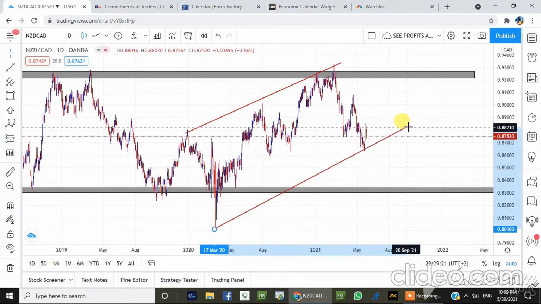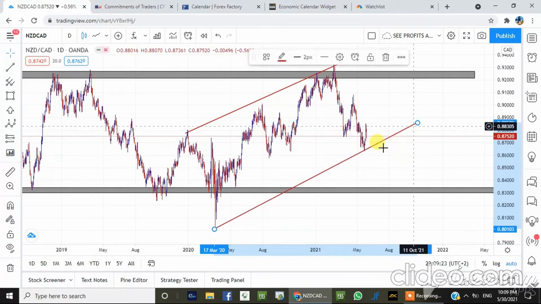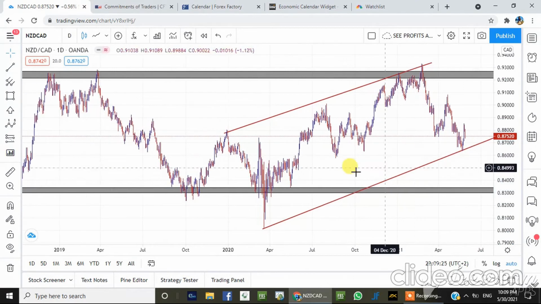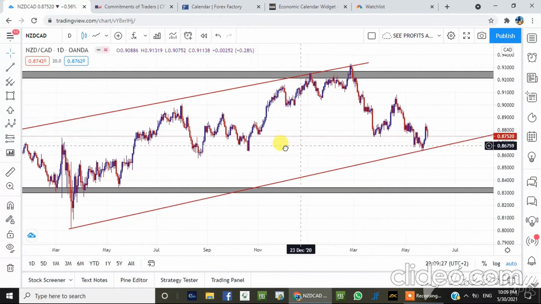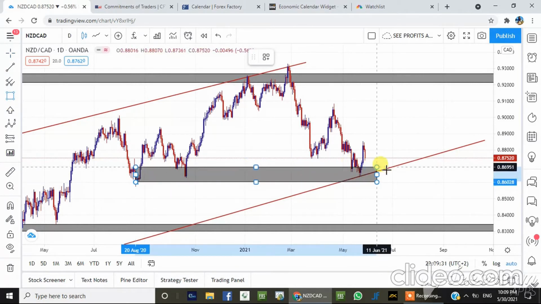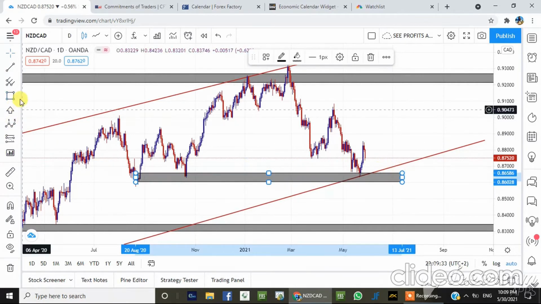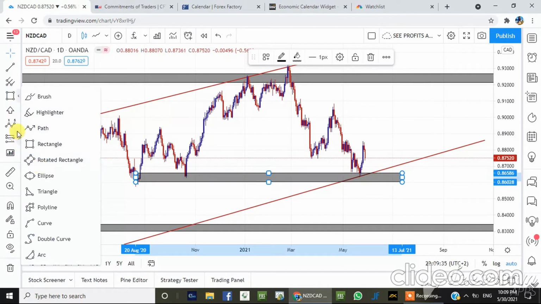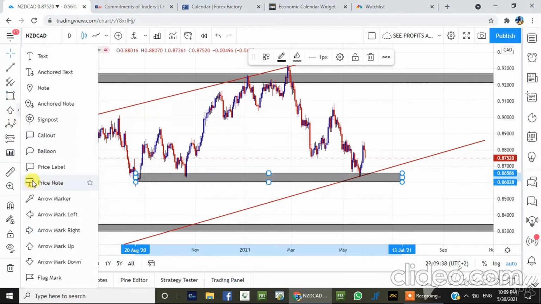Let me cater for the touch. Trend line in support. You can see that we are on a small buy trend on the daily time frame overall, and we have this support here on the daily time frame. So let me label this.